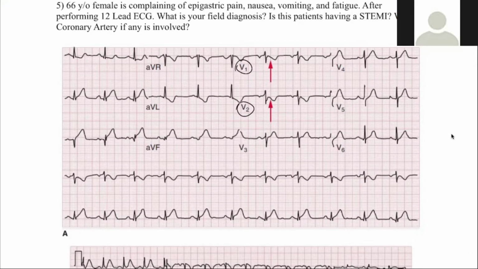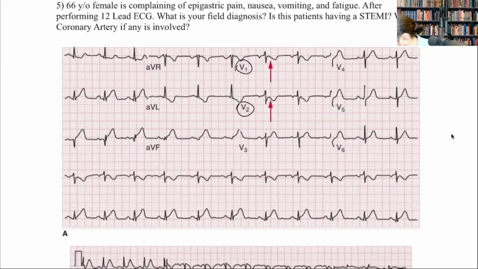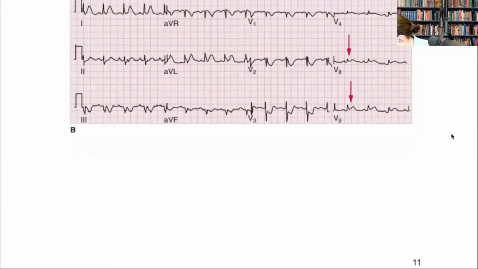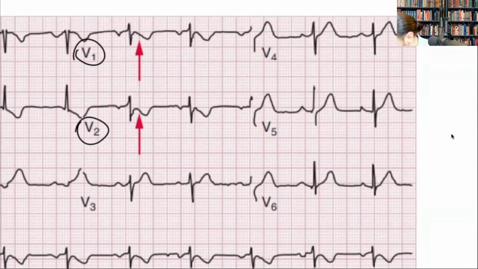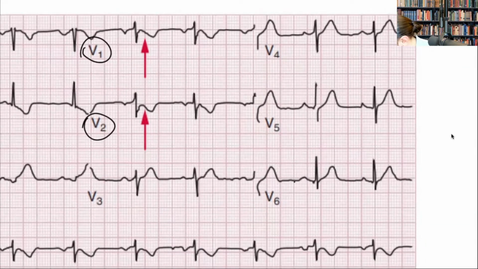I see elevations in 4, 5, and 6. If I draw the line on the isoelectric line, these are not per se elevations, right?